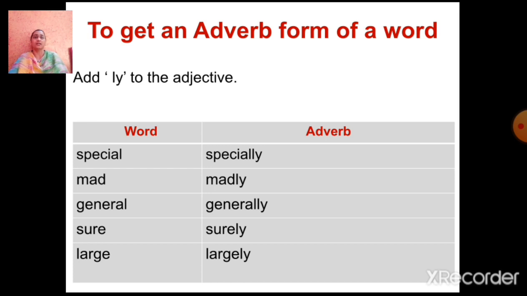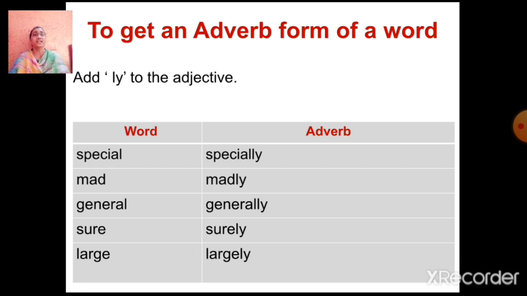So here the word special is describing the noun car. So special is an adjective. Now how can we form an adverb from this word? Yes, we will just add ly. So special will form as specially. Now let's see this with a sentence. This car was specially made for me.